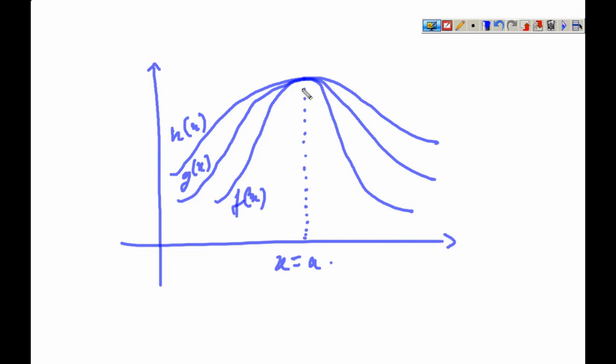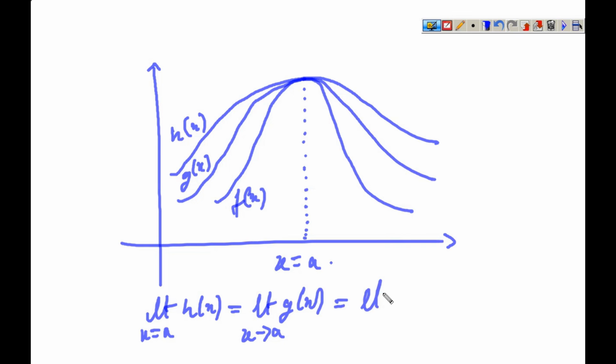From this theorem we can easily see that the limit for all these functions is the same: the limit as x approaches a of f of x equals the limit as x approaches a of g of x equals the limit as x approaches a of h of x.